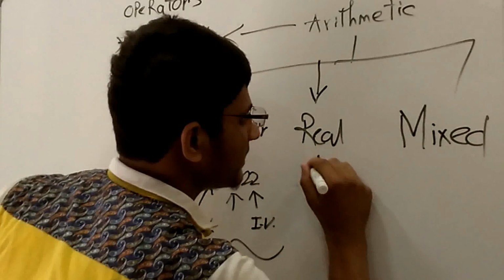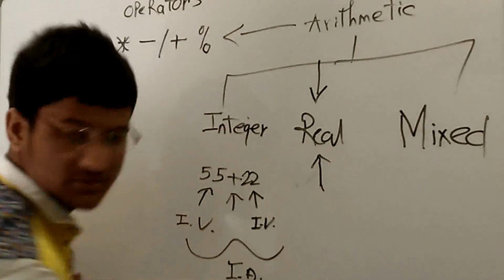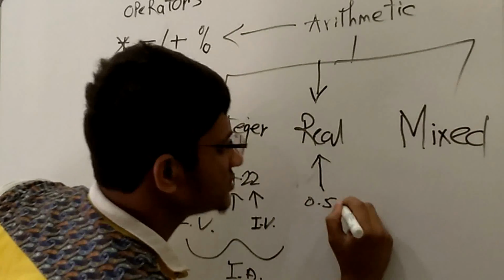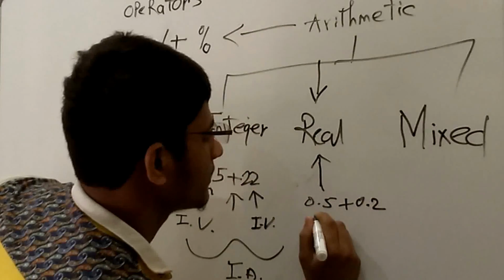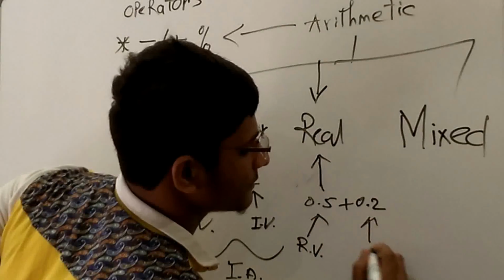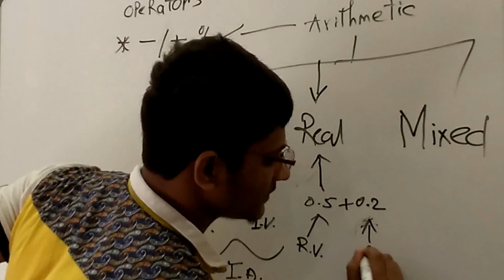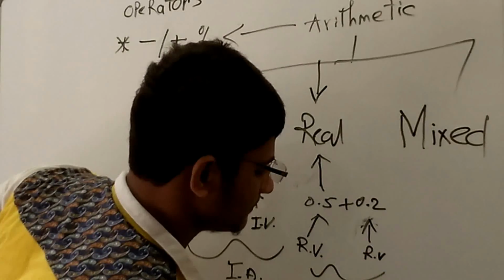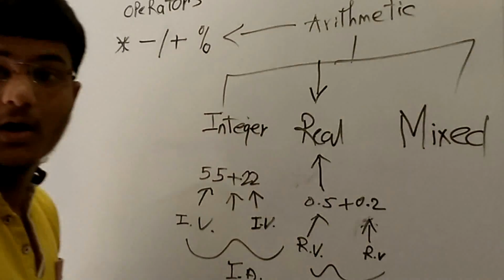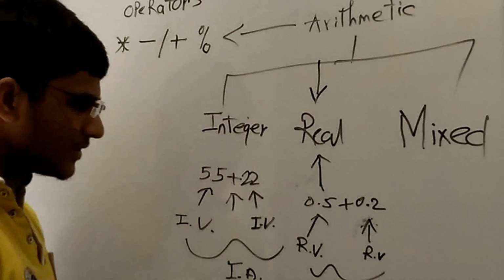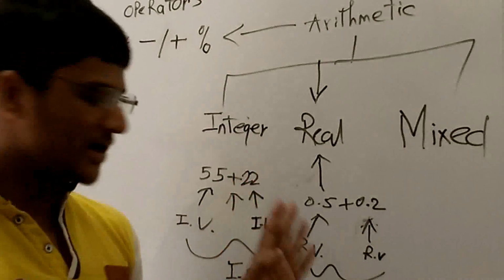Similarly for real arithmetic, if we include decimal numbers, then it is real arithmetic. This is a real variable. This is also a real variable. This is real arithmetic. Now this will not be called a real variable as such.